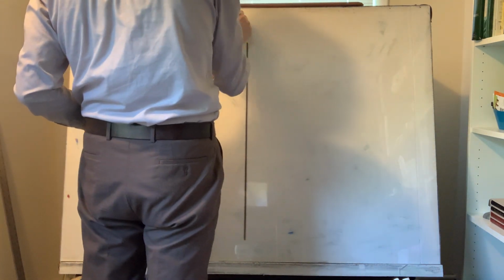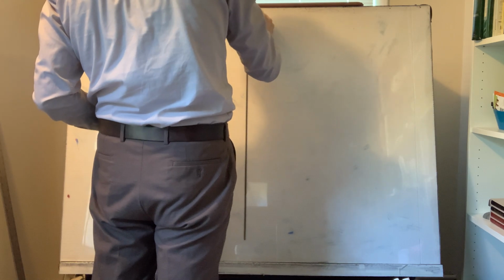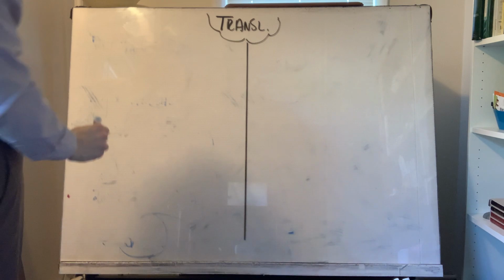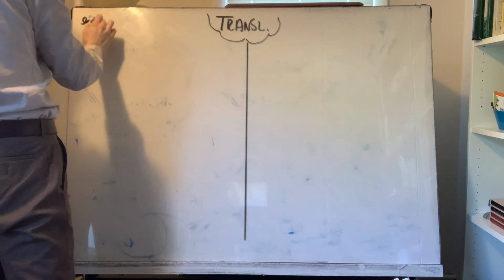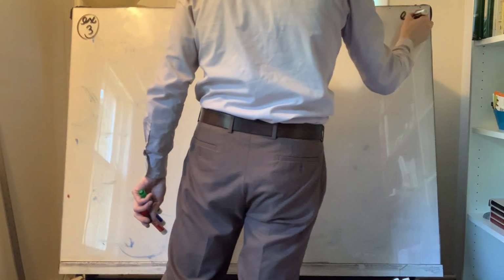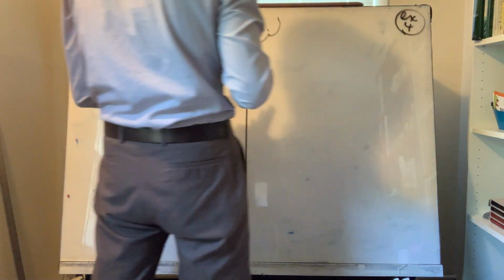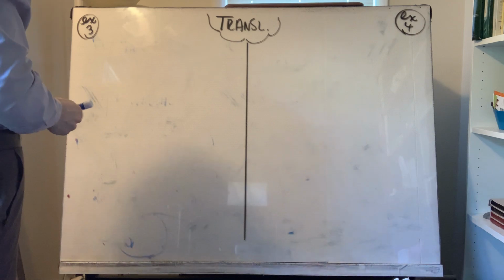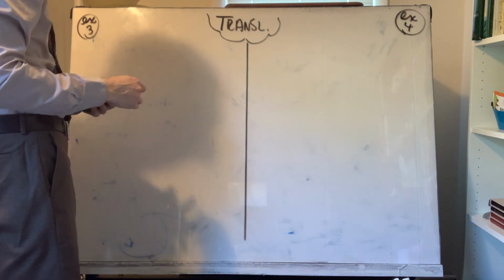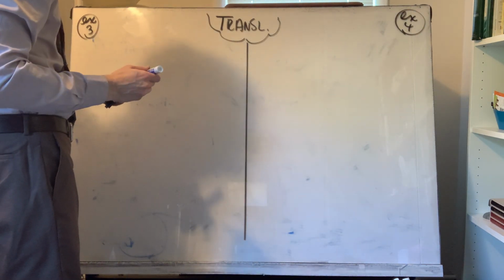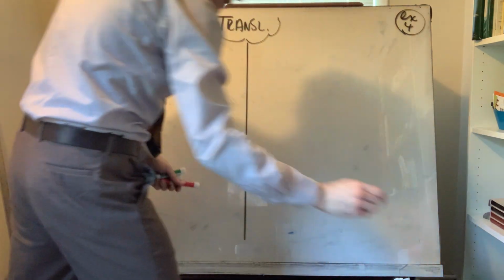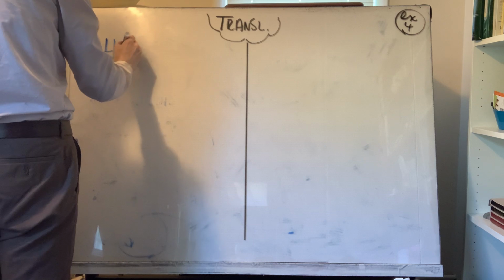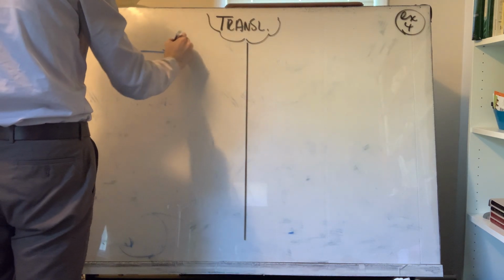Translating still, but we're doing it the other way. This is technically going to be example 3, and I'll do example 4 over here. The basic instruction is this: we will be converting from Hindu-Arabic to Babylonian.